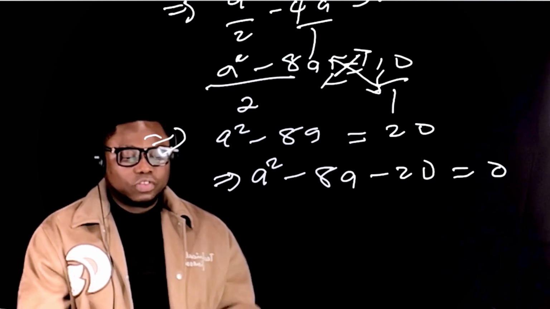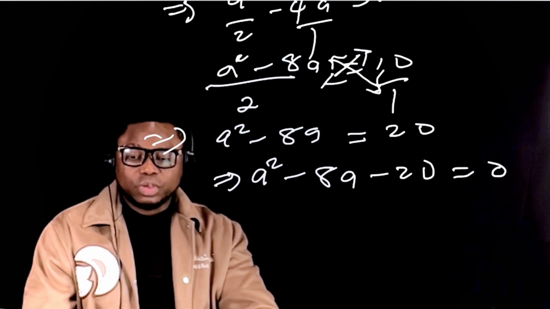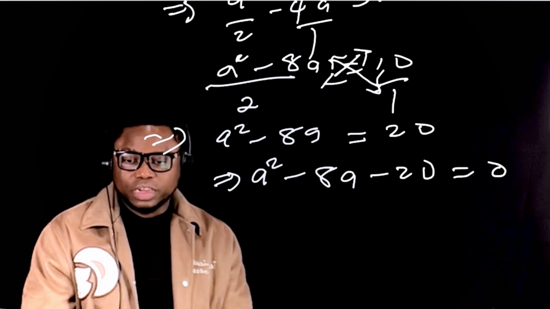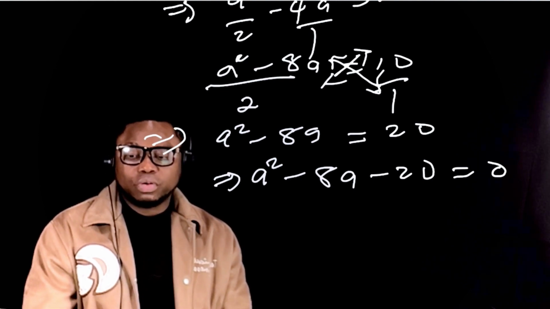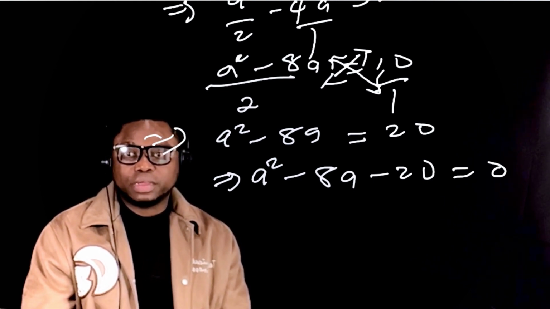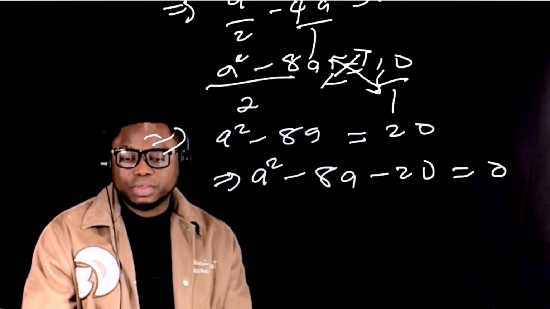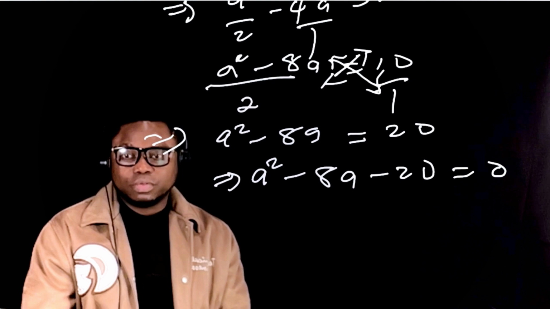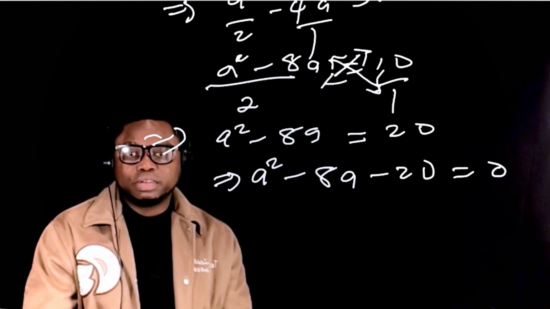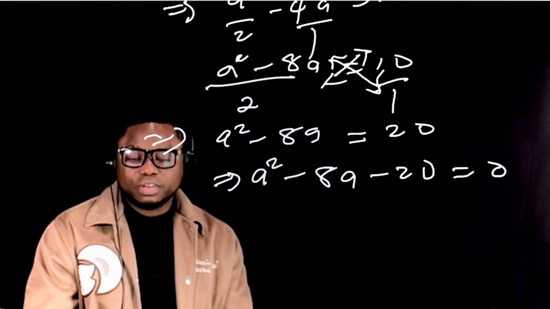In this case, because I'm dealing with a as the variable, I'm going to multiply the two numbers by a. So it's going to be plus 2a and minus 10a.